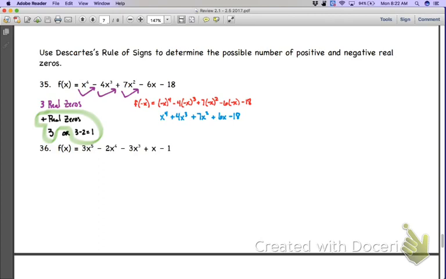Okay, so we still have to check to see how many sign changes we have. How many sign changes do we have? 1. Okay, the only one we have is right here. So what's the only number of negative real zeros that we can have? 1.